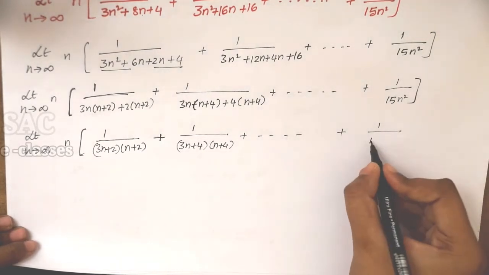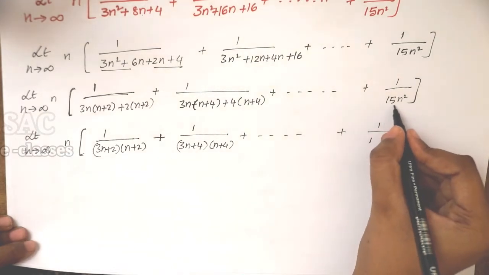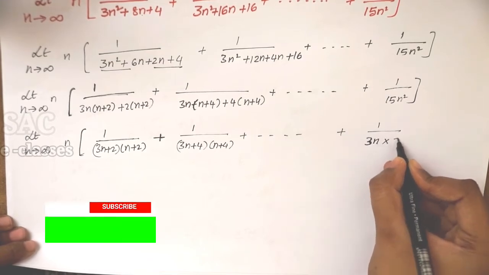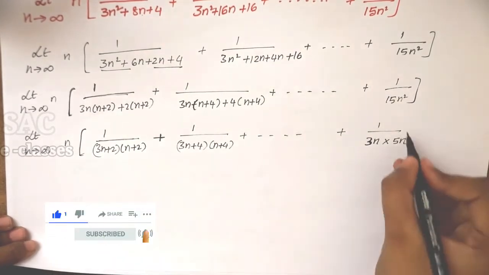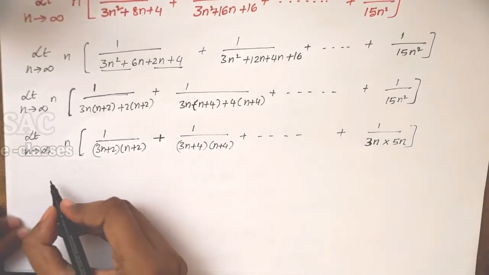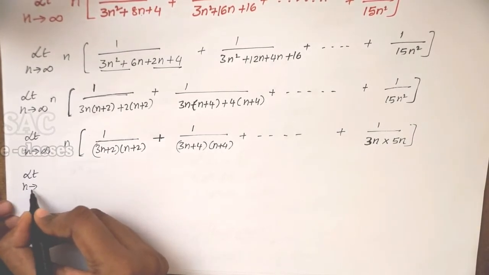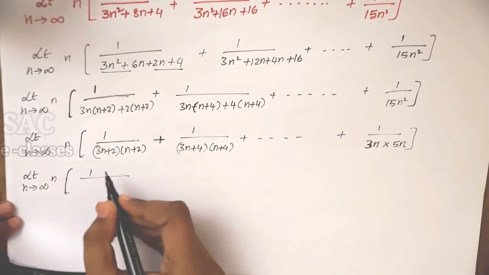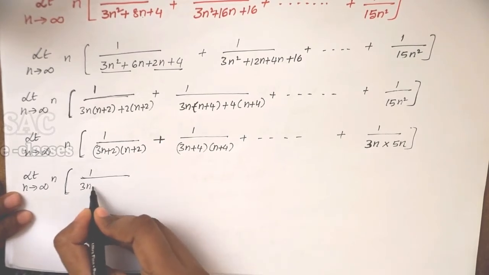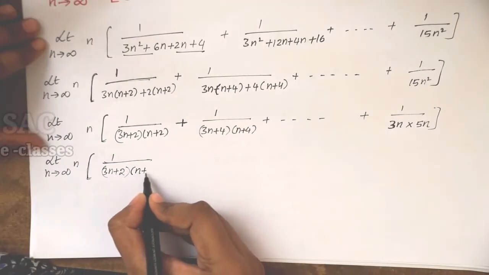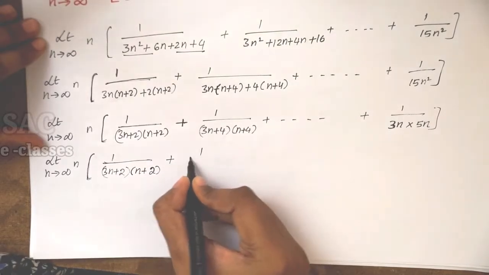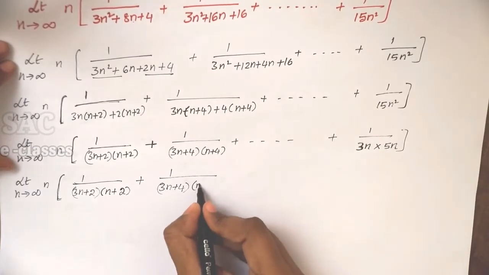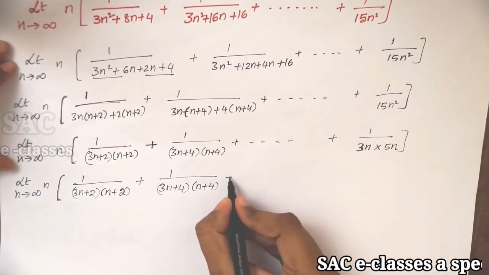Then in the same way, can I write this 15n square as 3n into 5n? Yes, we can write it. But what is the use of writing that? Let me explain. Now n into 1 by 3n plus 2 into n plus 2, plus 3n plus 4 into n plus 4, and so on.